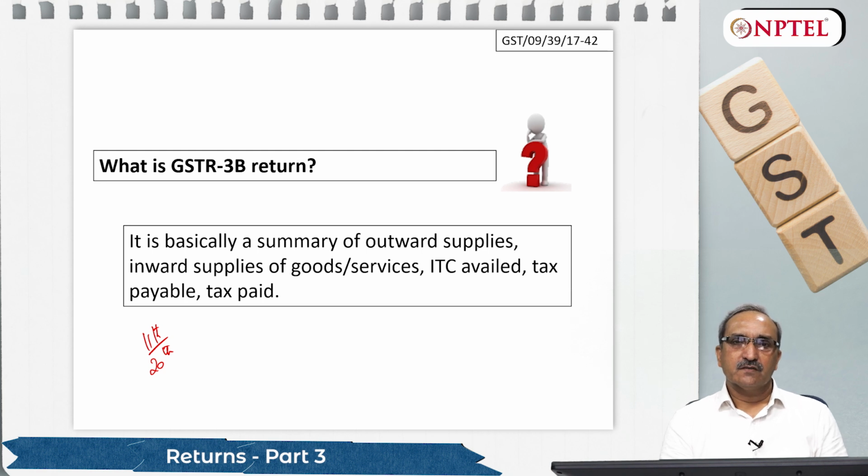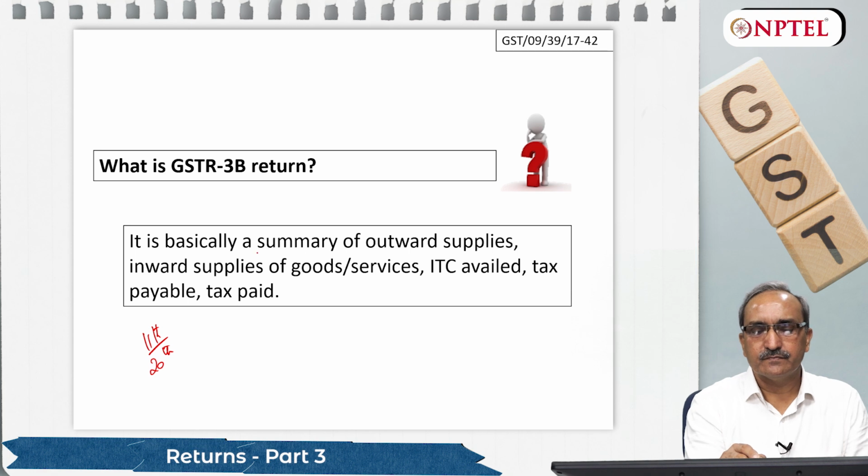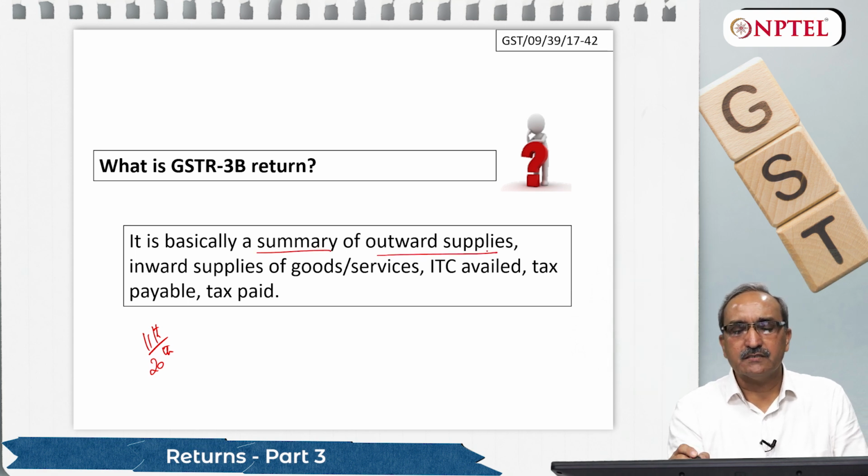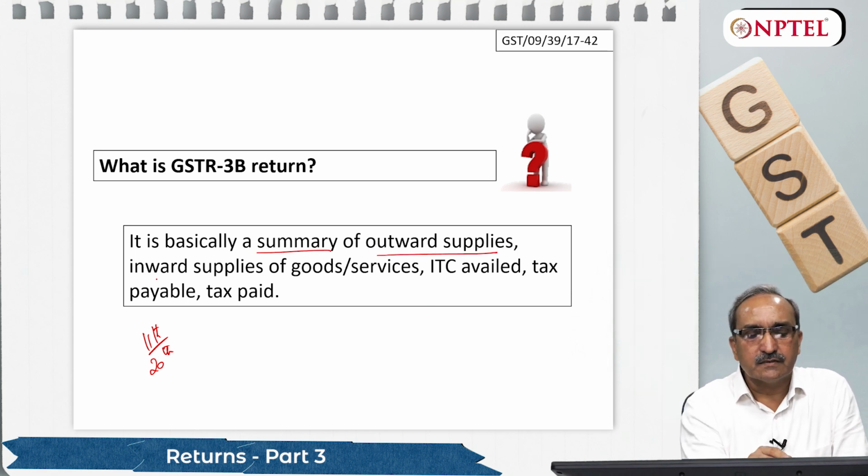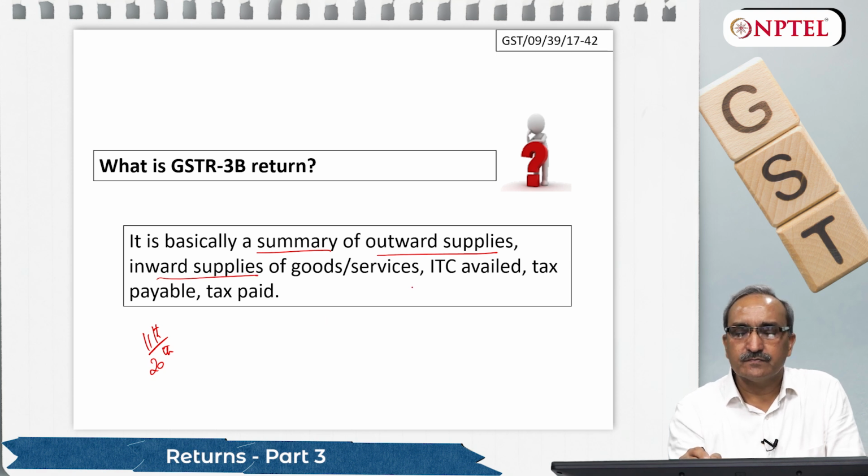So it's a monthly return again, which calculates your tax liability, your ITC available, and your cash payment of taxes. So this is basically a summary: outward supplies, inward supplies, ITC availed, tax paid or payable.